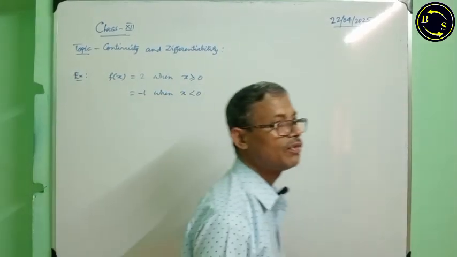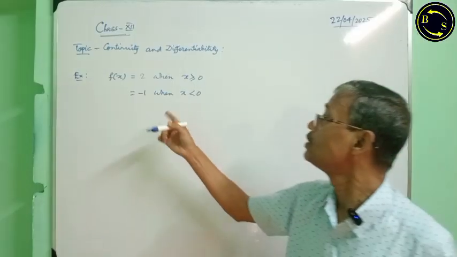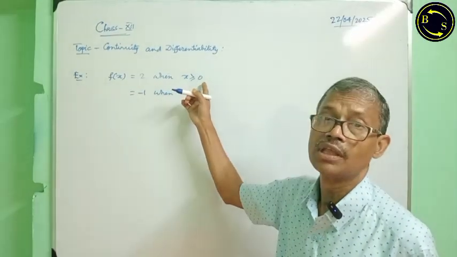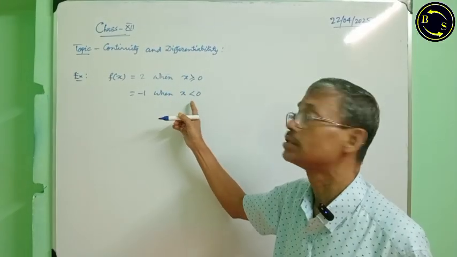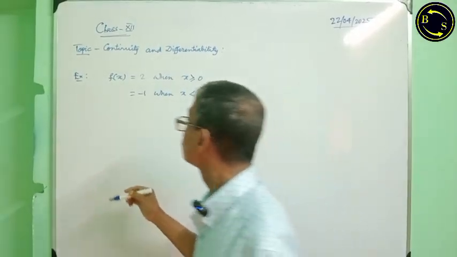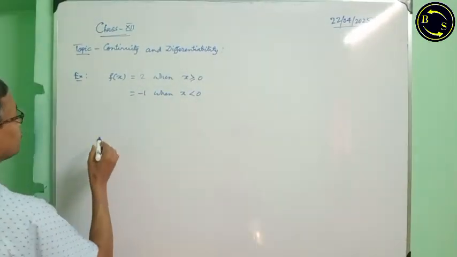I have taken the function f(x) equal to 2 when x is greater than or equal to 0, minus 1 when x is less than 0. Let us draw the graph.